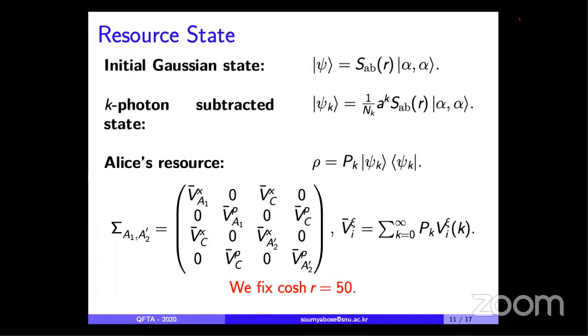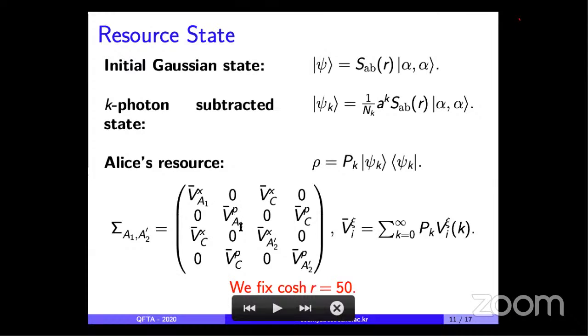As a consequence, your input state becomes a stochastic, or so-called classical, mixture of all order photon subtracted states. Or say the resource state rho is this probabilistic sum of all order photon subtracted states. Now, as I mentioned in the beginning, this is a Gaussian modulated scheme. So we consider the Gaussian part of the resource state, which is given by a covariance matrix of this form.